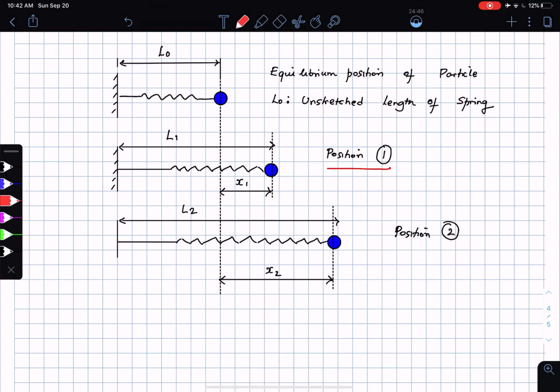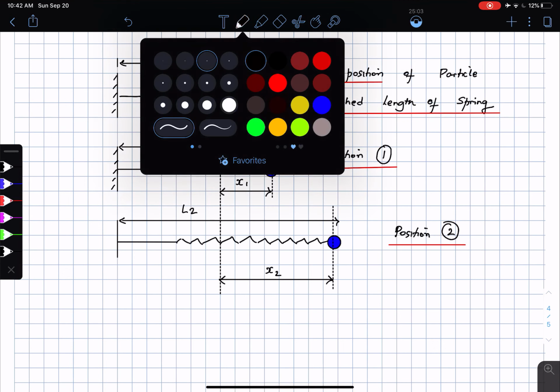Okay, so this is position 1, this is position 2, and then this is the equilibrium position of the particle. And this is the unstretched length of the spring, the length of the spring when it is undeflected, or the undeflected length of the spring.